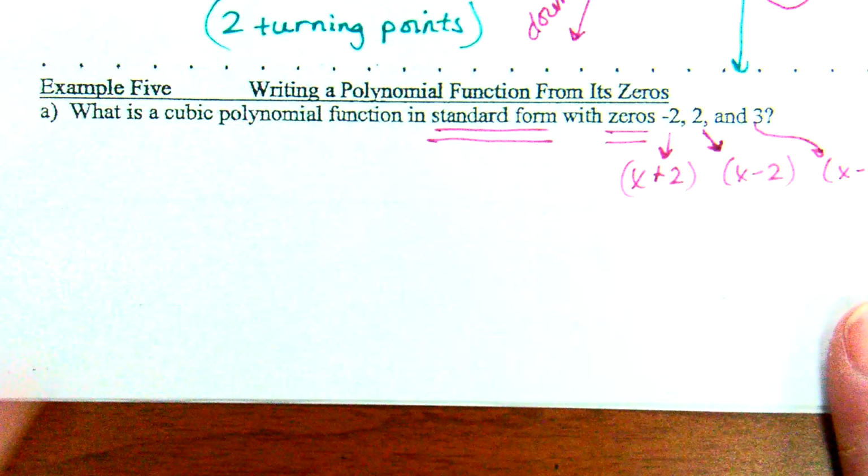So if we're trying to write a cubic polynomial, we're going to take those three factors and put them together. Because I said function, I'm starting off f of x equals, and what are my three factors? x plus 2 times x minus 2 times x minus 3.